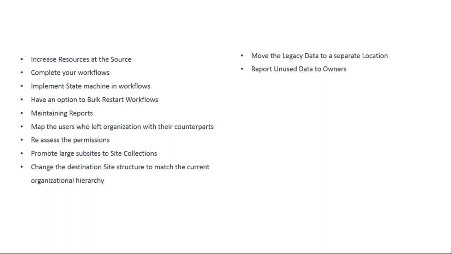Usually anything that has not been modified in the last 3 years is an ideal candidate for being reported to site owners to check: hey, do you need this data still? 80% of the time, this data could be deleted. So a report of all the items not modified in the last 3 years could be given to the site owners or data owners, who can either proceed with deletion or move the data to the record center or the legacy site.